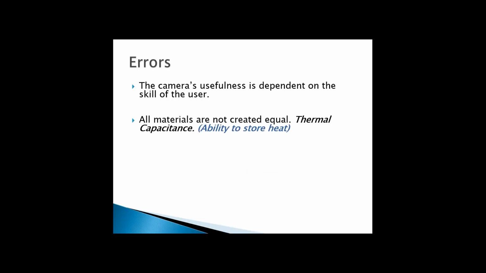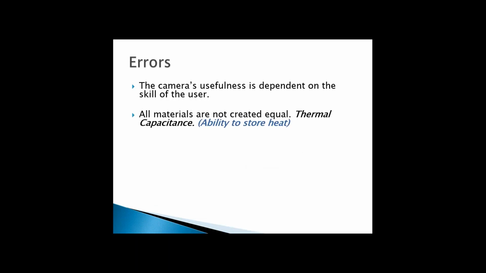Some other limitations include the personnel using the equipment, not the equipment itself, and these are generated by errors. So the camera's usefulness is dependent upon the skill of the user. The reason why is because all materials are not created equal.